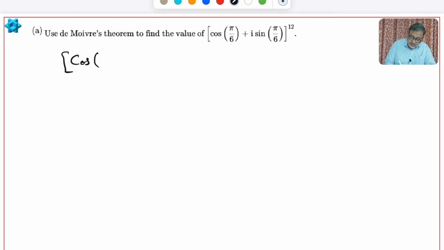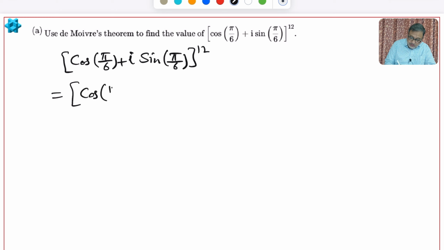Cos of pi by 6 plus I sin of pi by 6, right, to the power 12. So the power will go in and multiply inside the angle. So 12 pi by 6 plus I sin of 12 pi by 6, right?